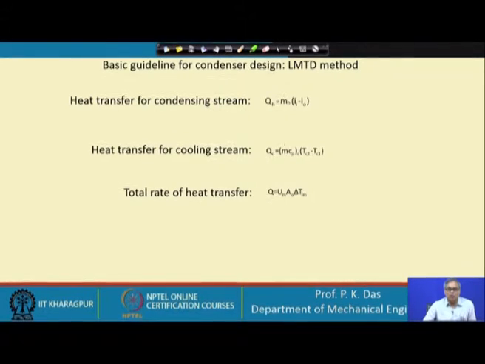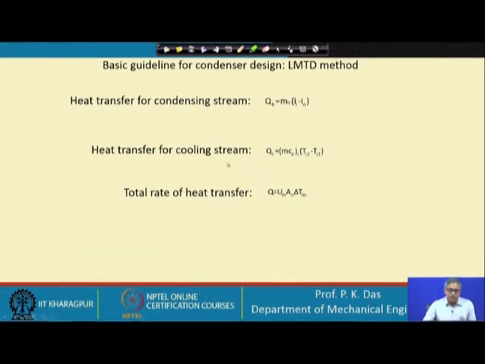Initially there will be more vapor content in 1 kg of the condensing fluid, later on there will be less. So the vapor content will change, and that is why it is by enthalpy.